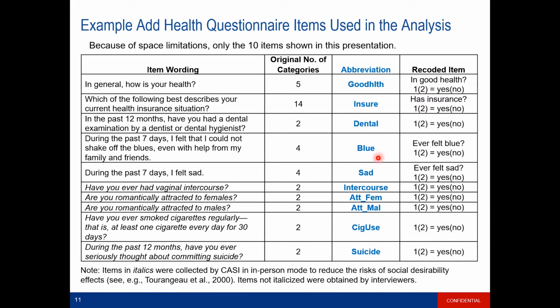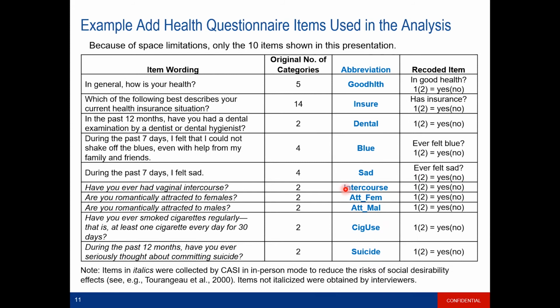Blue means ever felt blue, and sad means ever felt sad in the past 7 days. Intercourse is asking, have you ever had vaginal intercourse? And this is attracted to female and attracted to male. Cigarette use for the past 30 days. And in the past 12 months, have you seriously thought about committing suicide?